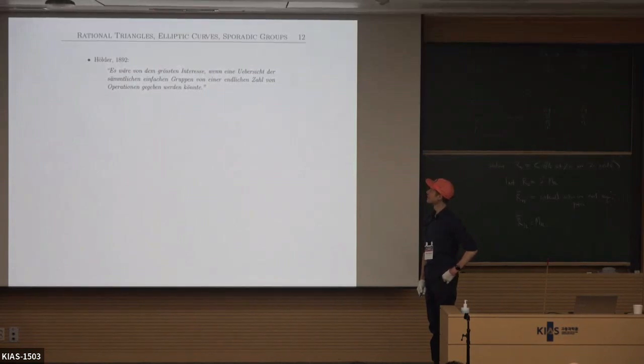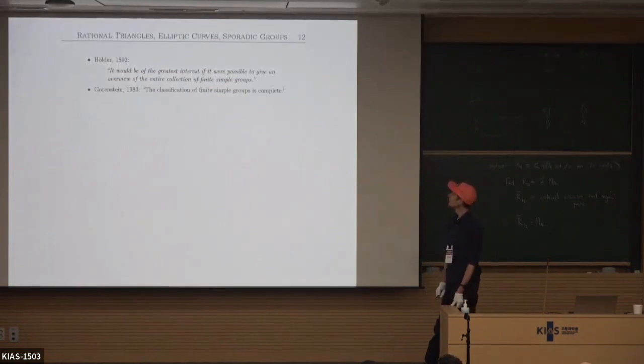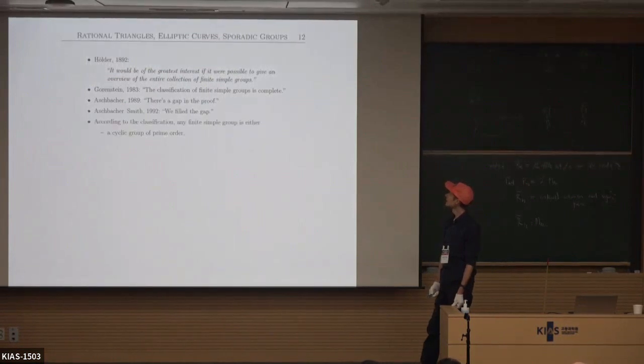So how does this classification story go? Well, the question of classifying finite simple groups goes back to 1892. It took a lot of work, but after about 100 years, the classification was achieved.